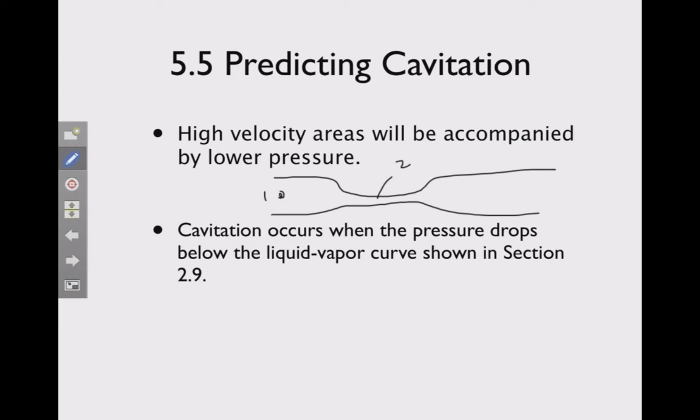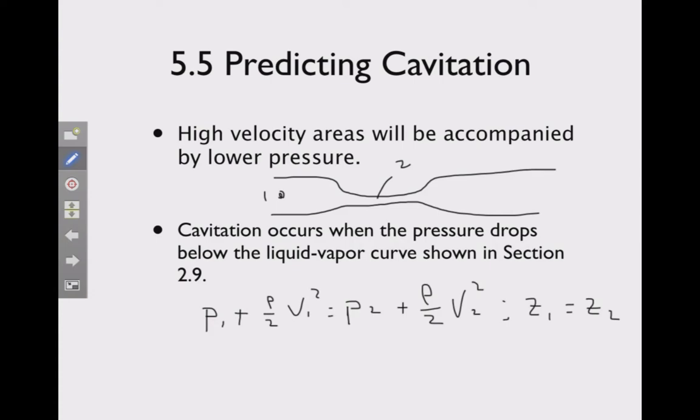So, I'm going to use the pressure form here. I'm just going to say P1 plus rho over 2 V1 squared is going to equal P2 plus rho over 2 V2 squared. This is the pressure form, and we've assumed the elevations are equal, so they cancel.